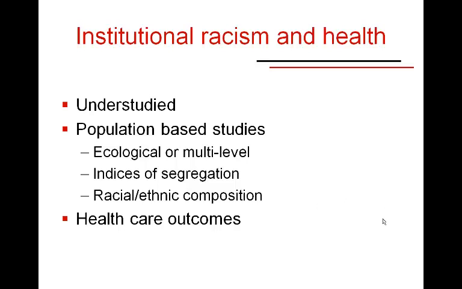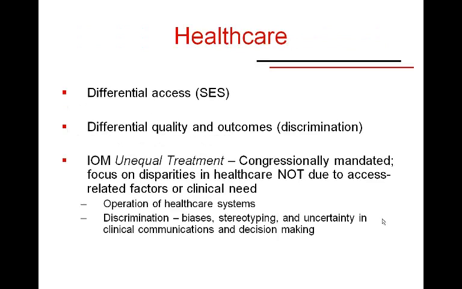One area where there has also been some attention to processes of institutional racism as they affect health, though, has been in healthcare outcomes. And what has been documented quite extensively is different processes by which there could be racial differences in access to and quality of healthcare.